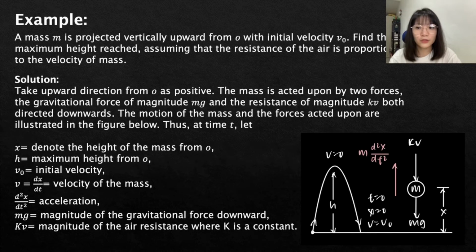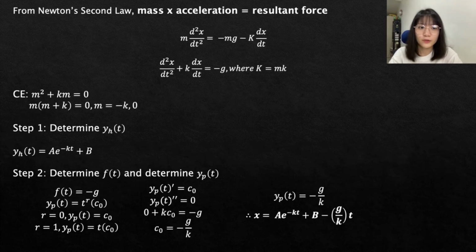So the figure shows the motion of the mass and the forces acting. From Newton's second law, we get mass times acceleration equals resultant force. After arranging the equation, we get d squared x over dt squared plus k dx/dt equals negative g, where k equals k over m.